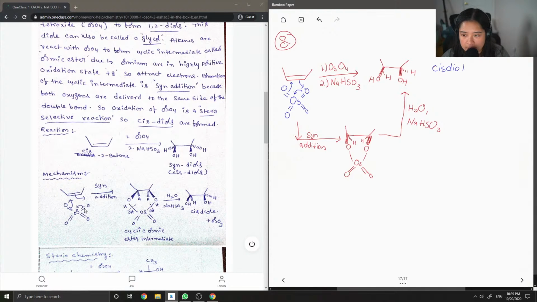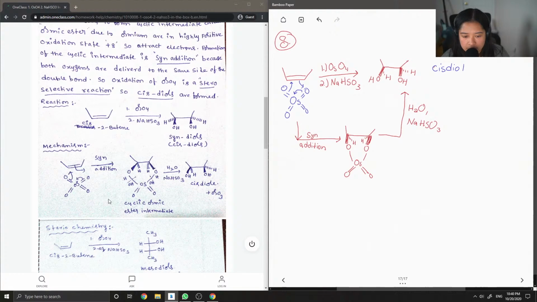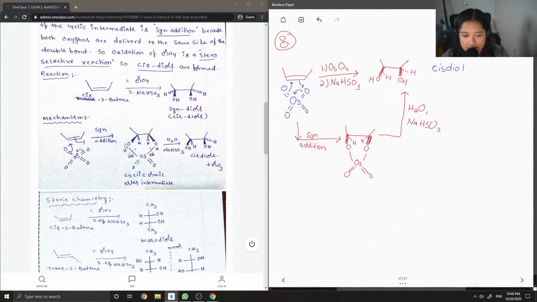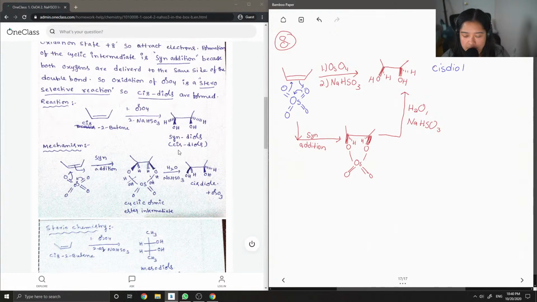And then again, they have the same mechanism, syn addition. And then they show the cyclic osmic ester intermediate right here. And then finally, the osmium is removed to get your final product.